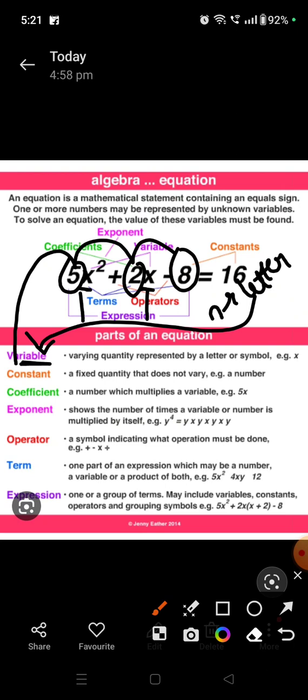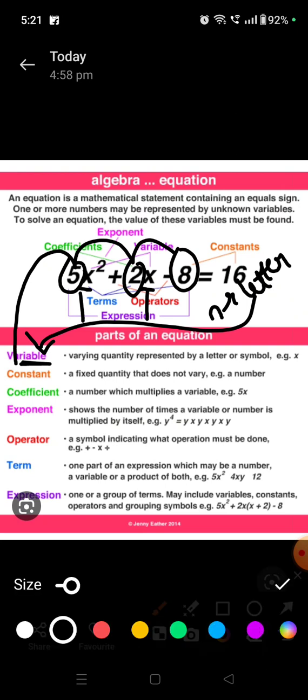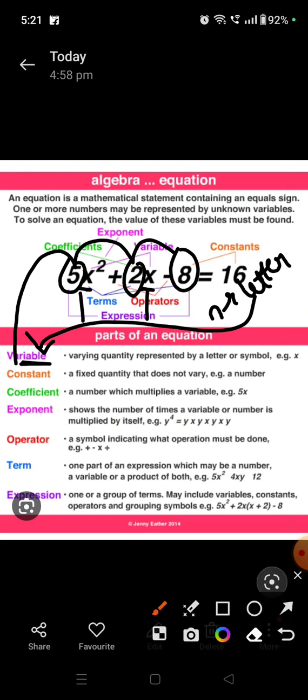Okay. Now I give you one example, no? Like n is added to 7. So I can write this like this also. N added to 7 is equal to 9.